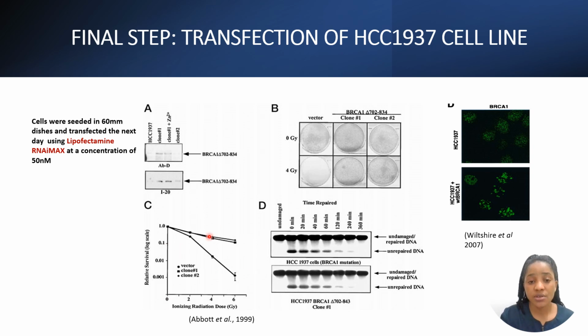We checked for their survival rates, and we also compared the repaired HCC1937 cell containing the BRCA1 gene with the one that was not repaired. We also did a FACS analysis and did a comparison between the mutated cell line and the cell line containing our BRCA1 gene. Thank you.